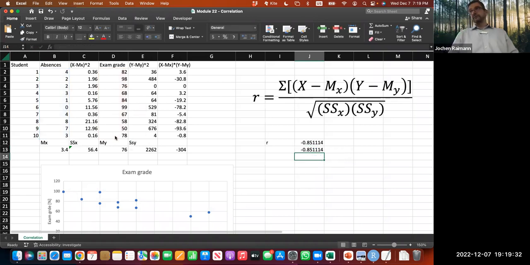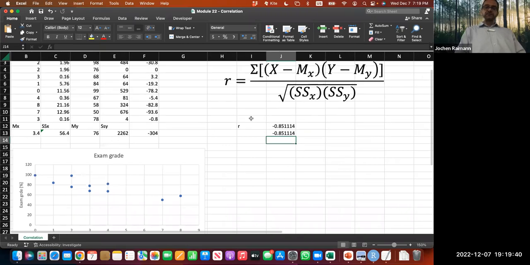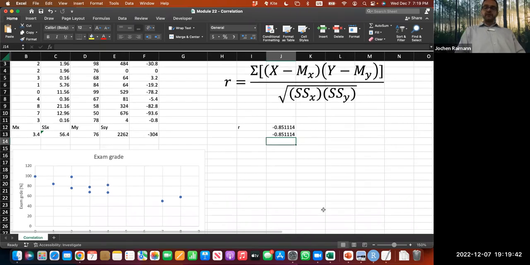We get the same value as expected. Good. So this is now essentially the first correlation that we calculated. And this means now that there's a significant correlation between absences in class and an exam grade.